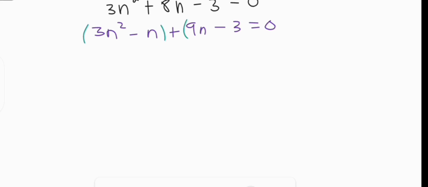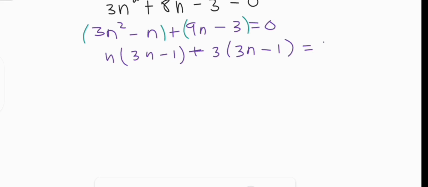Double grouping to be able to factor the common terms. We have N times (3N minus 1) from the first group, plus 3 times (3N minus 1) also from the second group, and that's equal to 0. So (3N minus 1) is factored out, and we have times (N plus 3) to be equal to 0.